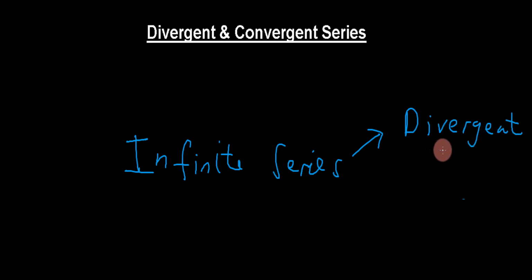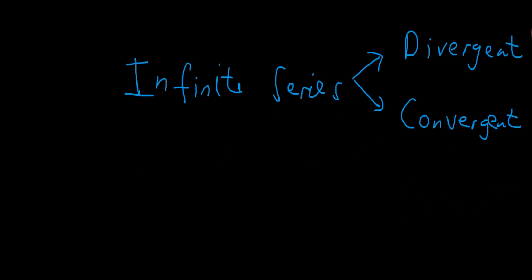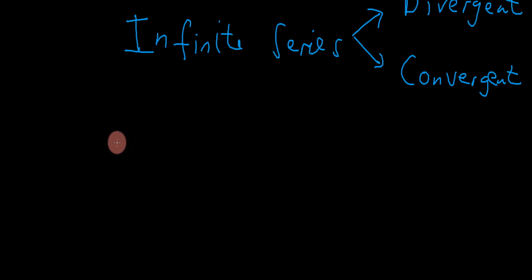In this case, we can also say that the series diverges, or it could be convergent. And here we also say that the series converges. Let's take an example. Let's take the series 1 plus 2 plus 4 plus 8, etc.